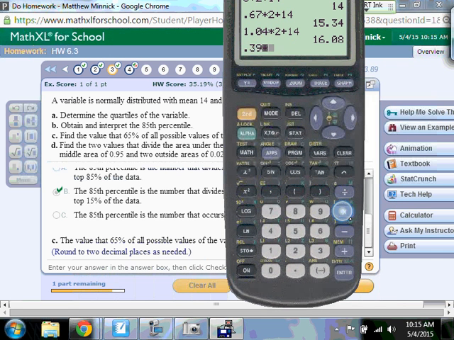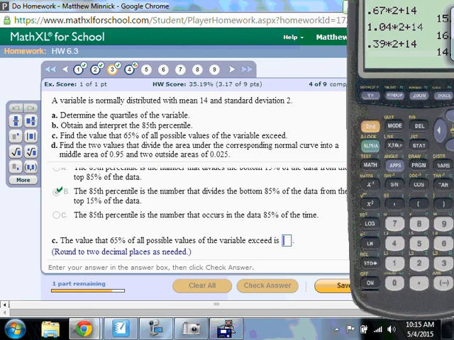0.39 times 2 plus 14. 14.78 ought to do it. Okay, maybe I used the wrong z-score.